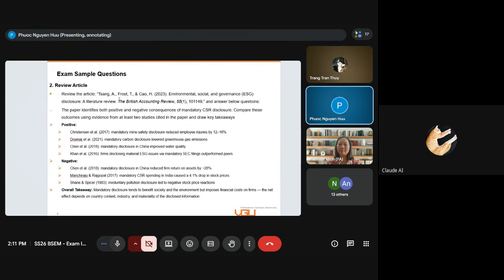For the journal article review, you need to write a bit more clearly and elaborate more, not just bullet points, but draft in comprehensive paragraphs. This makes the answer better, and it will be easier for us to understand your ideas and points.